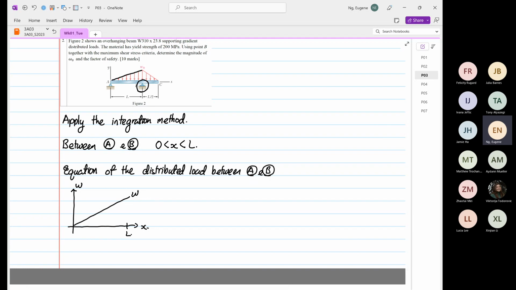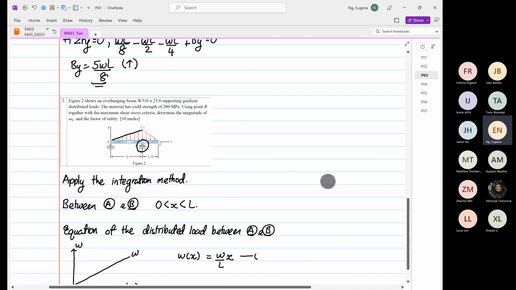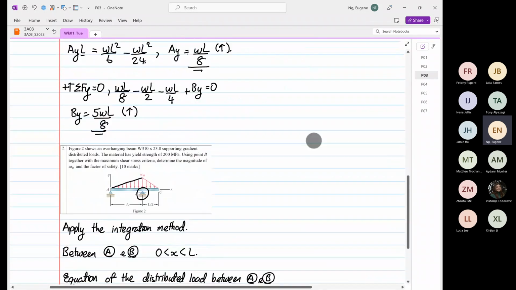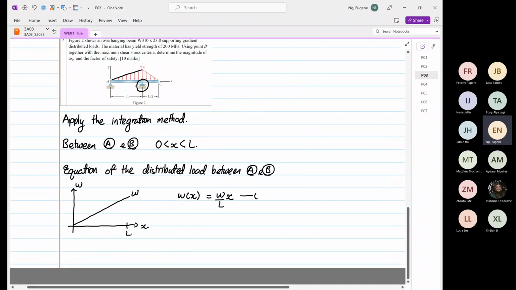So omega as a function of x is equal to omega naught over L times x. This is the equation of the distributed load, and for this problem it will be our equation number 3. I know we have used 1 and 2 before.